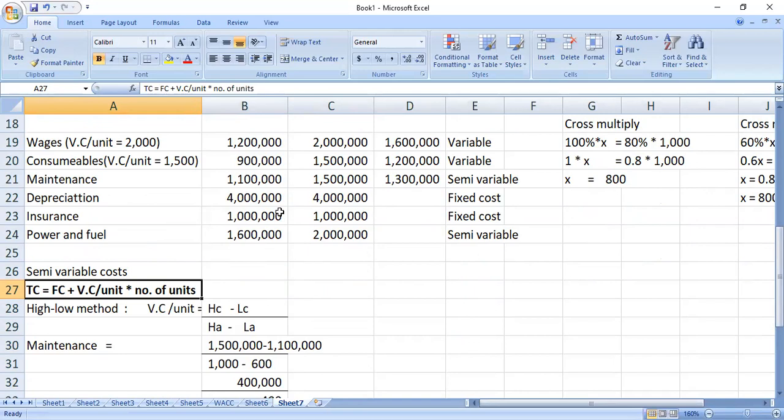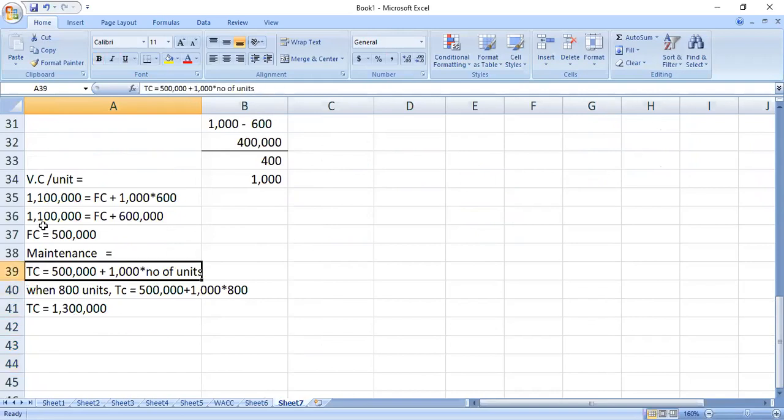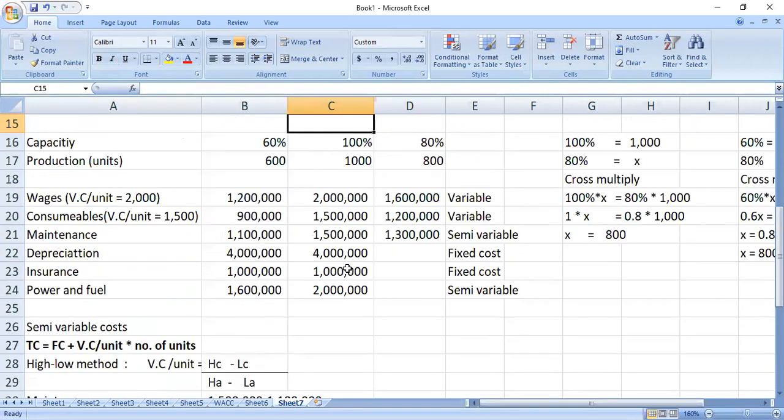So where the question is like that, it means that they've already given you the formula, this one here, which we computed for us. They always give you this information. They will tell you that the total cost comprises a fixed cost of 500 and a variable per unit of 1,000. So they will give you this formula. So Esther, I hope we're together as far as that is concerned for semi-variable.